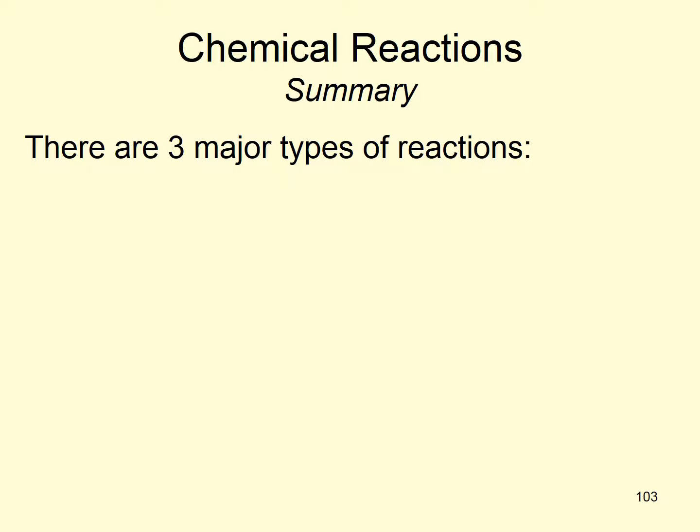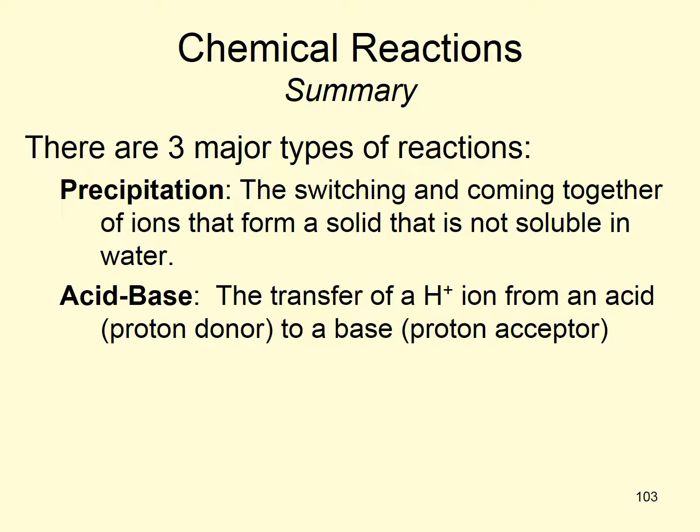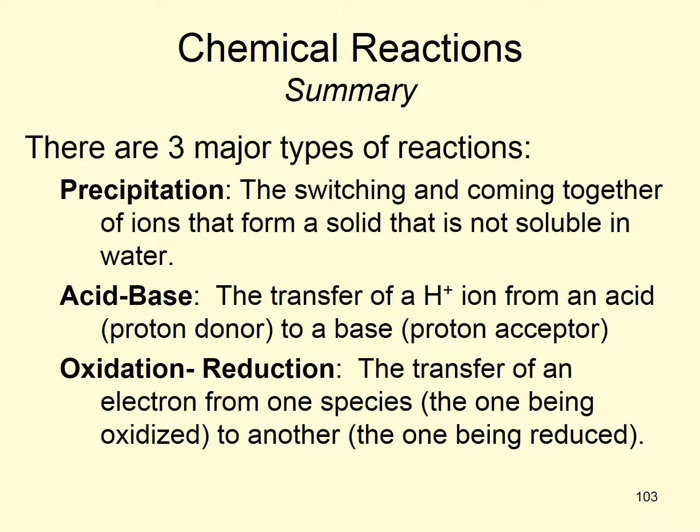All right, so just a little bit of a summary. There are 3 major types of reactions. Precipitation reaction, which is the switching and coming together of ions that form a solid, which is not soluble. Then there were our acid-base reactions, which is also a switching of ions. It's generally a switching of an H+ ion from an acid to a base. Often water is a product, but not always.